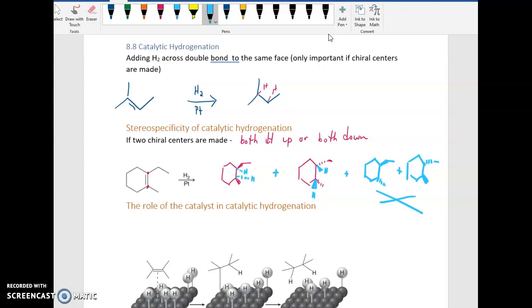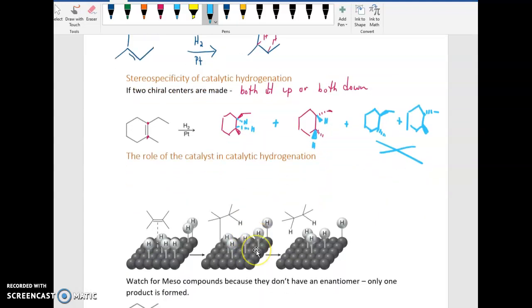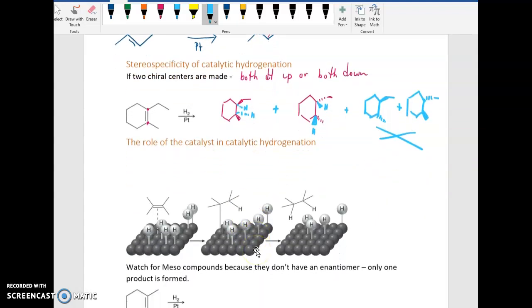The reason for this is that the catalyst here is platinum. It's a solid surface, and the hydrogens both attack from the same side. They're both going to attack the same face. And so you'll get this syn addition, just like we saw before.